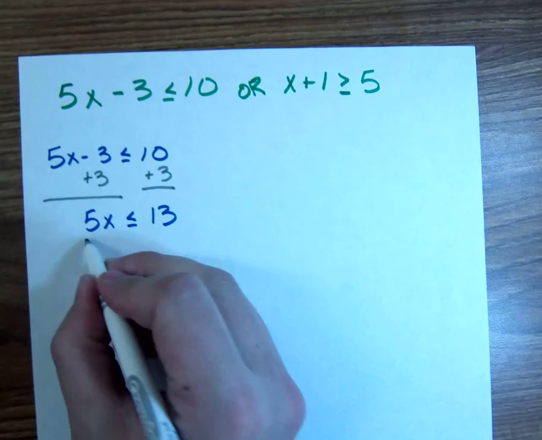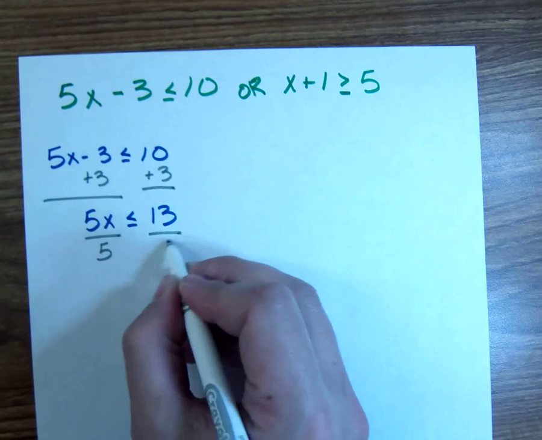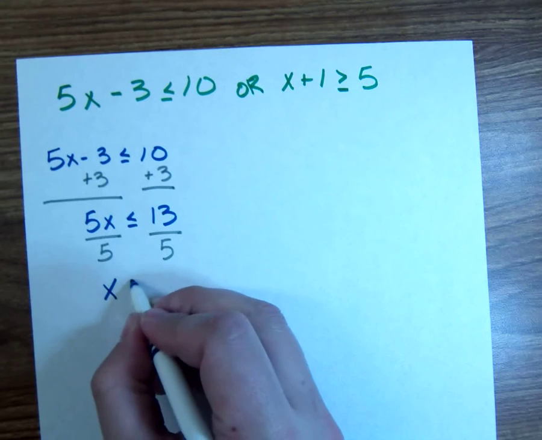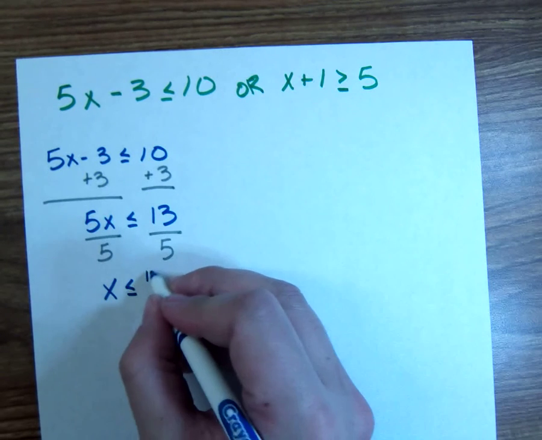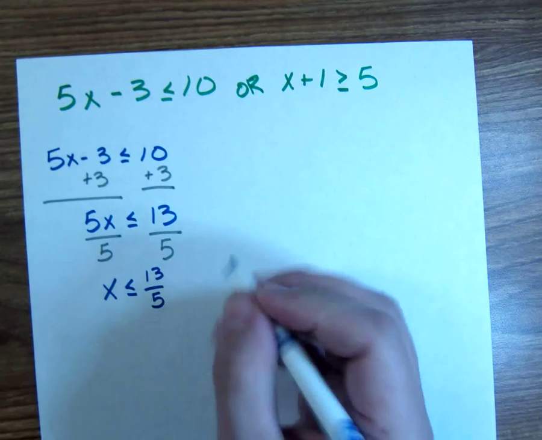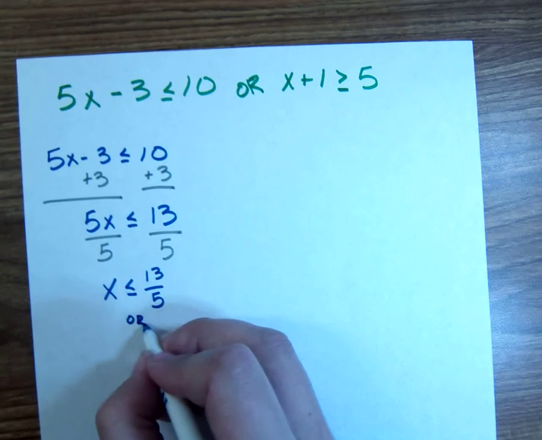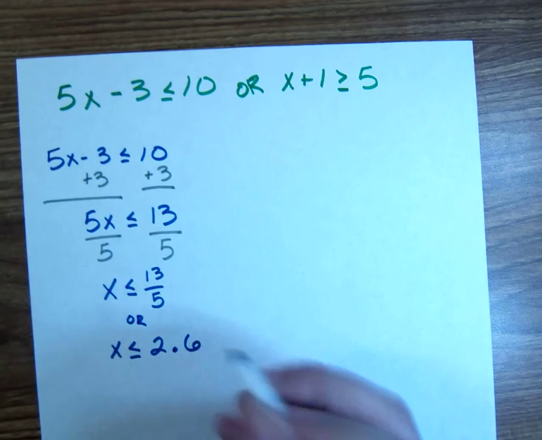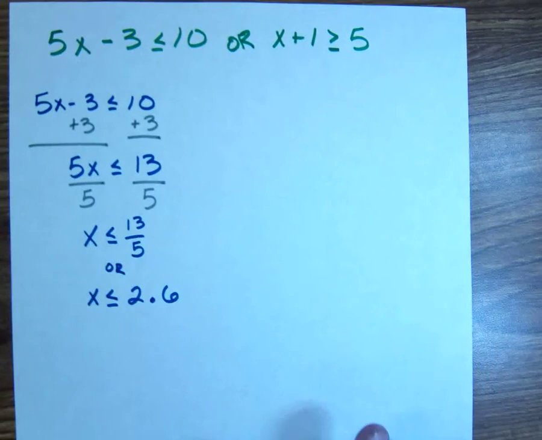And then divide by 5. 13 divided by 5 is something awful. You can leave it as 13 over 5. Or if you're really crazy, you could turn that into a decimal. If you prefer the decimals, it'd be 2.6, if you divided that out on the calculator. I don't care. You can pick your favorite.